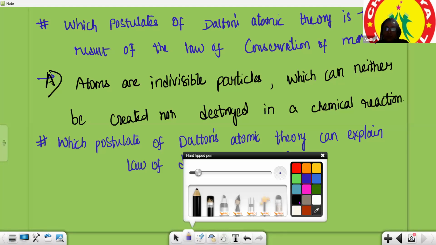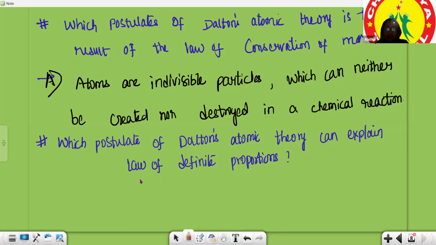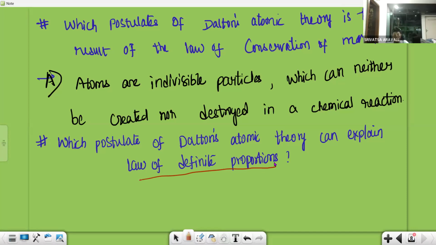So what is the law of definite proportions? Srivatsa, do you remember this? Yes, I can remember.